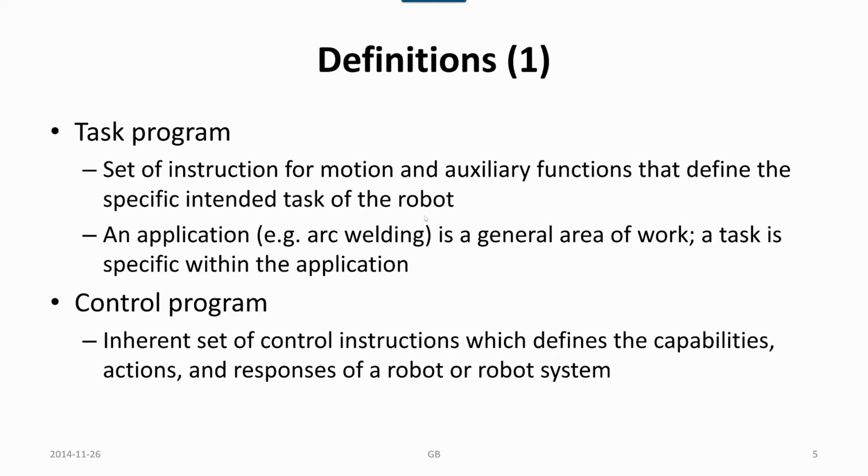A task is something specific within the application, meaning the task could be to arc weld a specific work object or work objects to each other, but the application is the process, arc welding, machine tending, and so forth. Control program is the inherent set of control instructions which defines the capabilities, actions, and responses of a robot or robot systems.